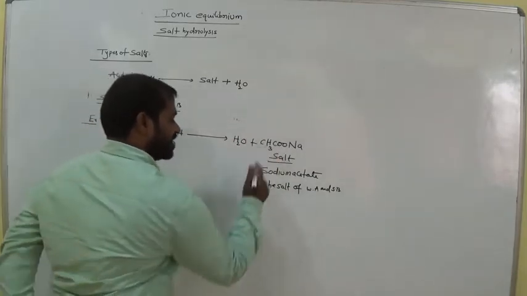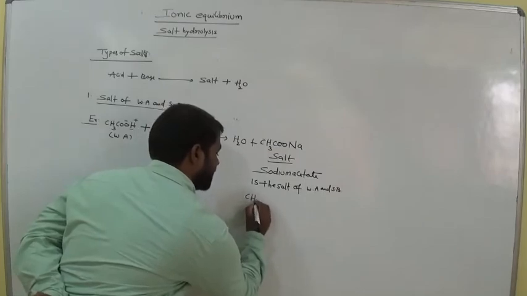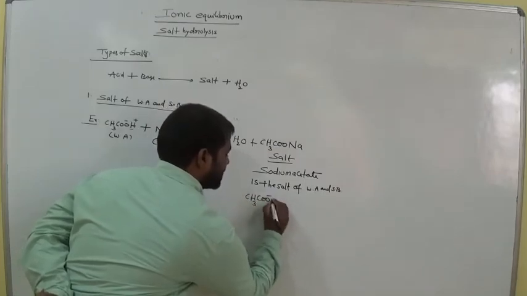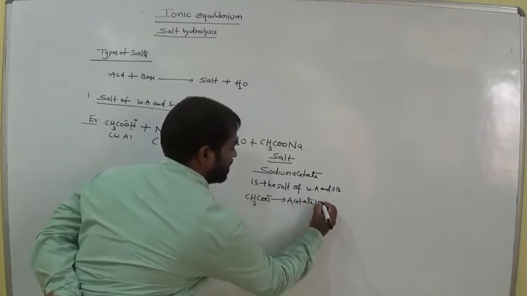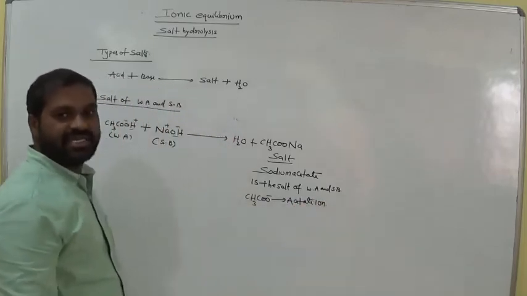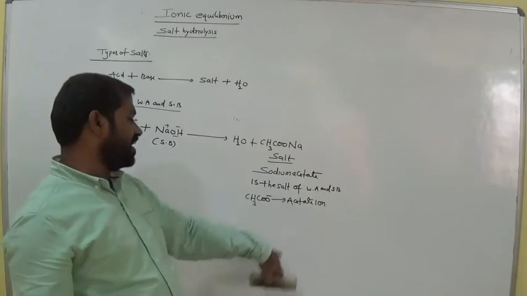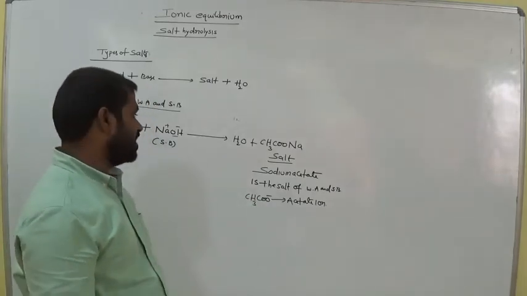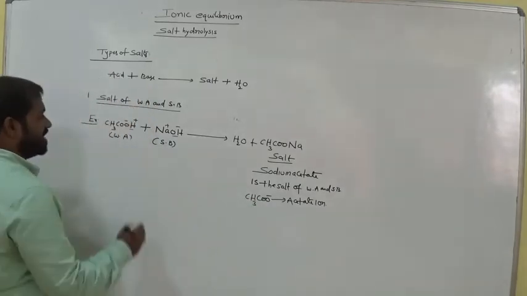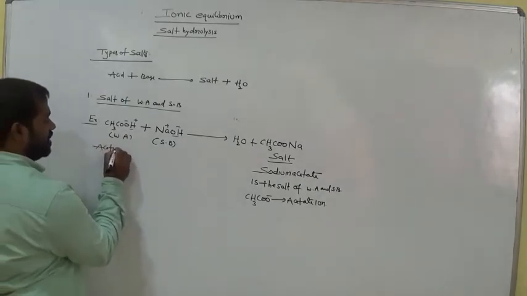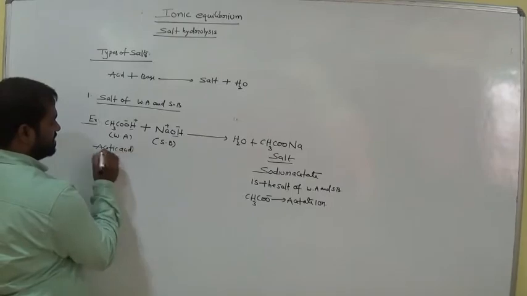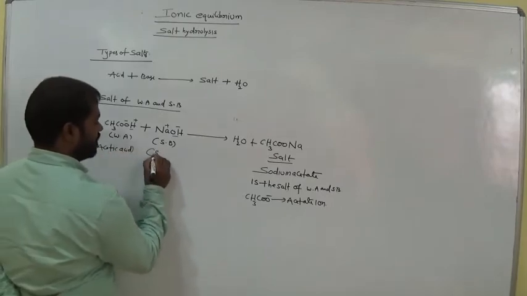Now acetate means CH3COO minus is called the acetate ion. Acetate ion, okay? So acetic acid, sodium hydroxide.